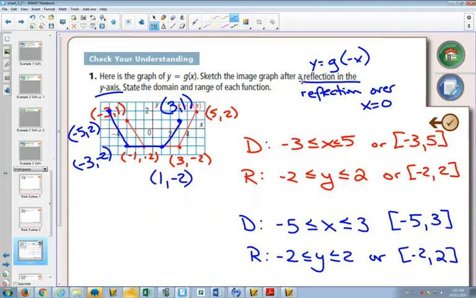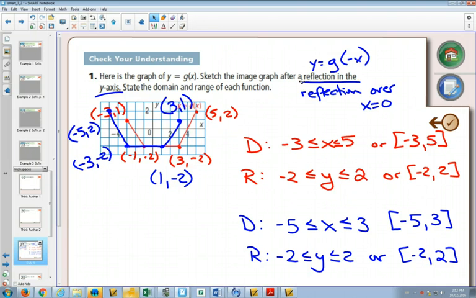Can you see that based on the original one, it's just been multiplied by a negative? And our biggest ones became our smallest ones, and our smallest ones became our biggest ones when that happened. Now what happens sometimes on the exam in a multiple choice question or a short answer question, they'll ask this same question, but instead of giving you the graph and getting you to flip the graph and then do the domain and the range, they'll just tell you the domain and the range, and ask you what the new domain and the range is if you flipped it over.